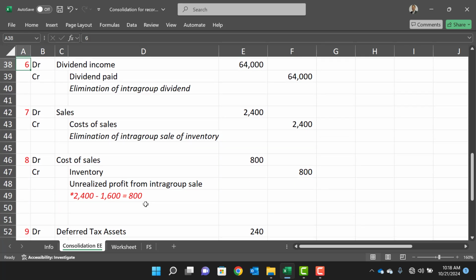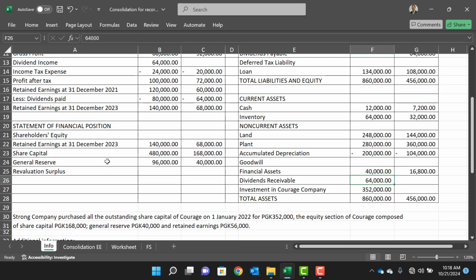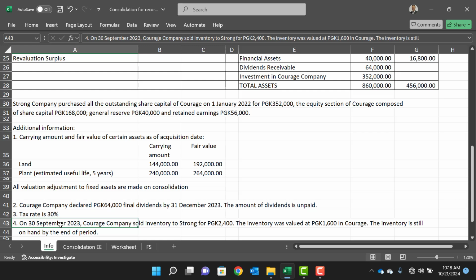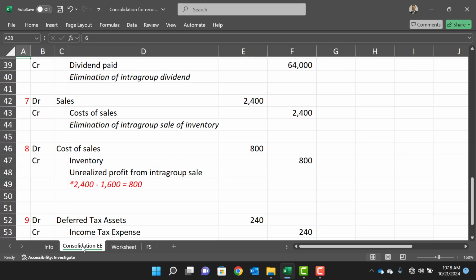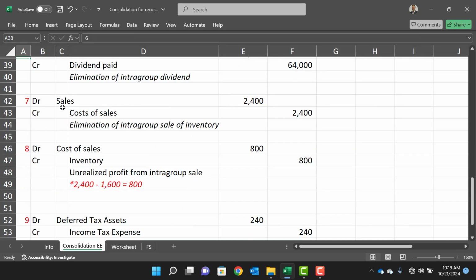And the last set of our elimination is elimination of intra-group transaction. So when you sold inventory within the group, you have to eliminate that intra-group sale: debit sale, and then credit cost of sale, 2,400 kina here, and then credit that one to have that unrealized profit share.